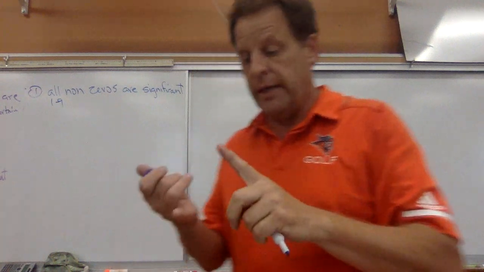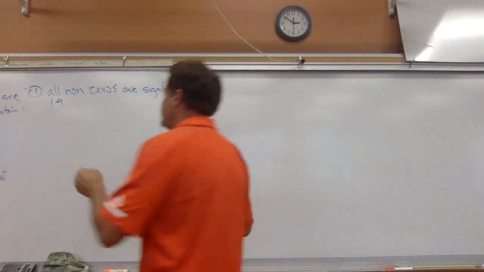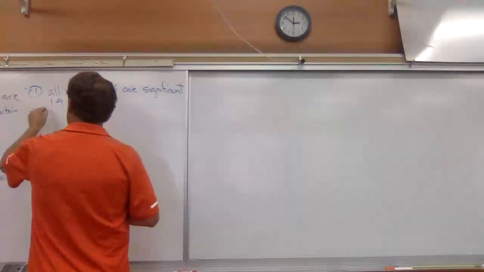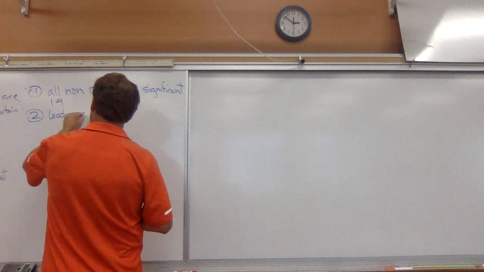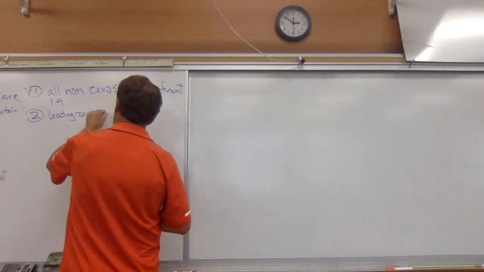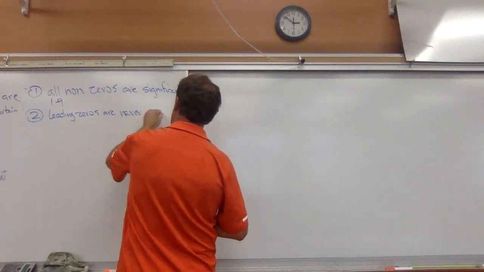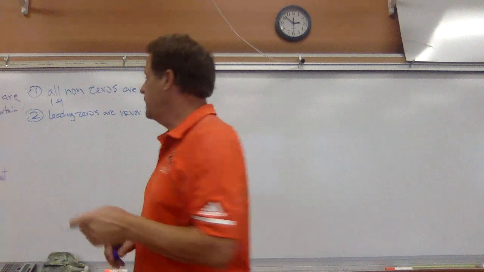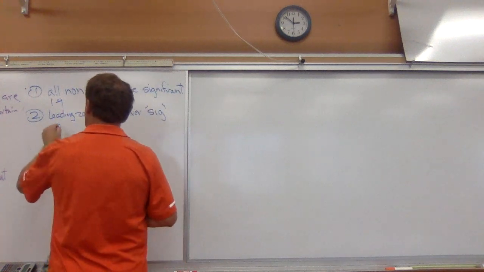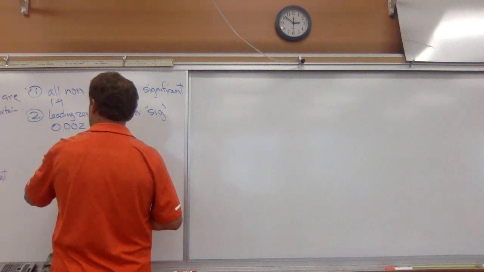Now remember, significant could be a guess or it could be certain, depending on the measurements. Rule 2, leading zeros are never significant. So here's an example: 0.002.